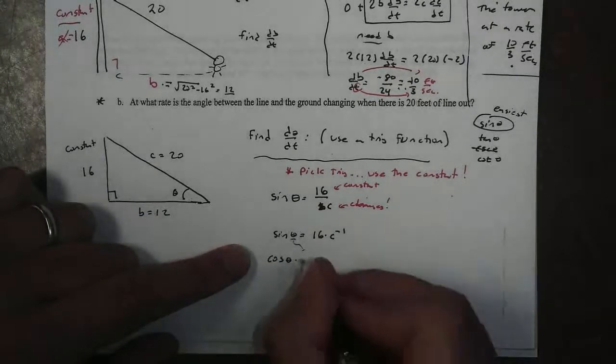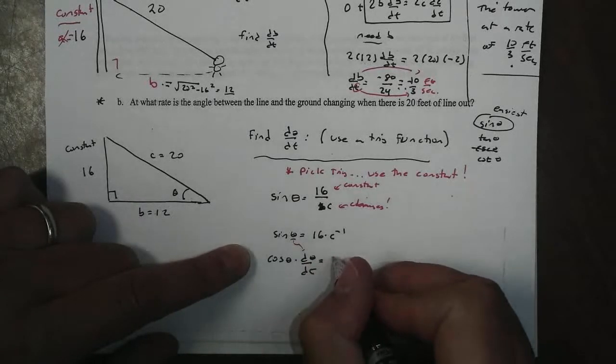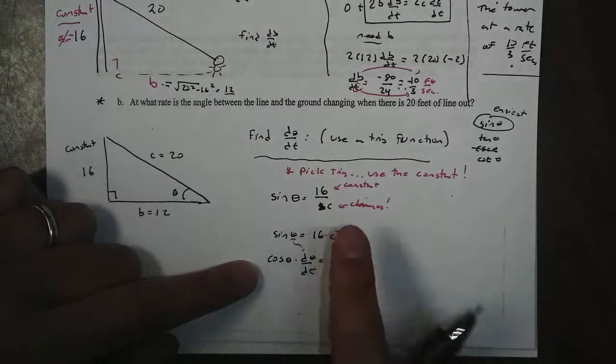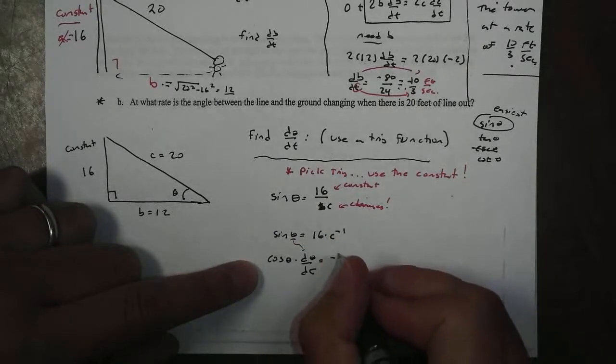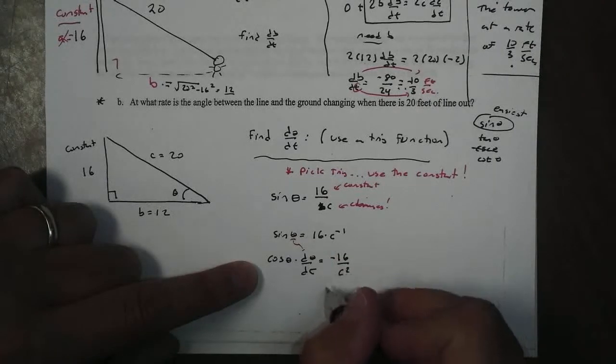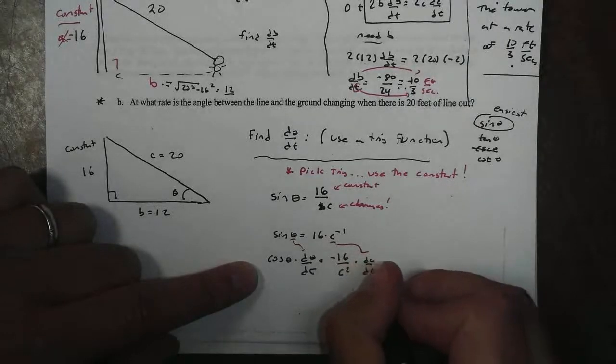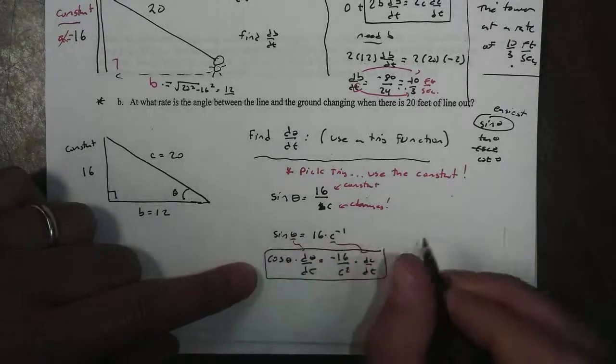Take the derivative of theta with respect to t. d theta dt equals, and this becomes, we should get really good at this, negative 16 over, that becomes c to the negative 2, or c squared on bottom, times, and again, you need to take the derivative of c as well, dc dt. There's your derivative. This is a hard one.